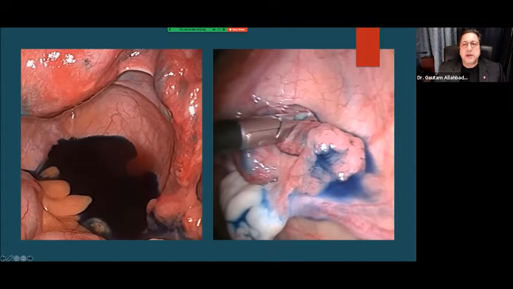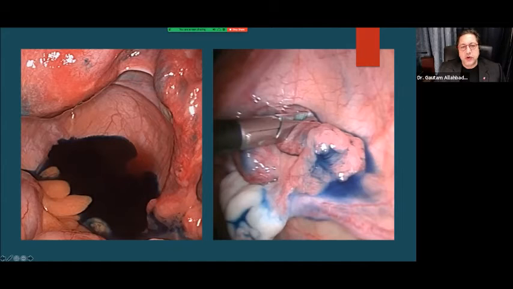If you suspect any abnormality in the HSG, then you have to do an evaluation called a laparoscopic examination of the pelvis, along with pushing a dye, a blue color liquid called methylene blue, which is pushed from the mouth of the uterus and exits from the end of the fallopian tube.